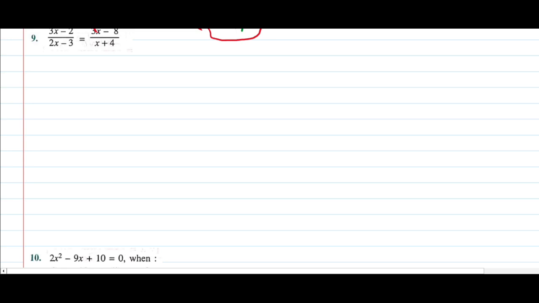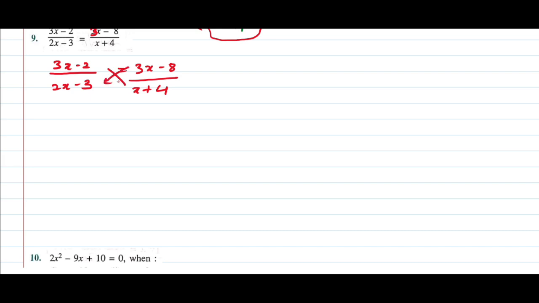Now the ninth question is (3x minus 2) divided by (2x minus 3) equals (3x minus 8) divided by (x plus 4). First I'll write the equation as it is. Okay, so now I'll cross multiply these terms.